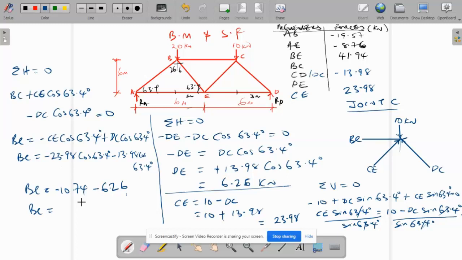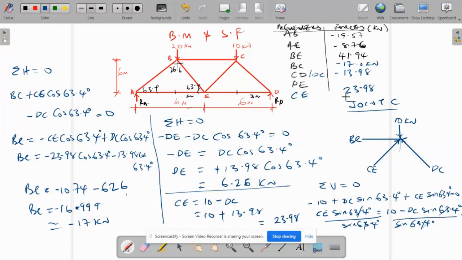So we'll have a total of minus 16.99, which is approximately minus 17 kilonewton. So from here we have our BC as minus 17.0 kilonewton.